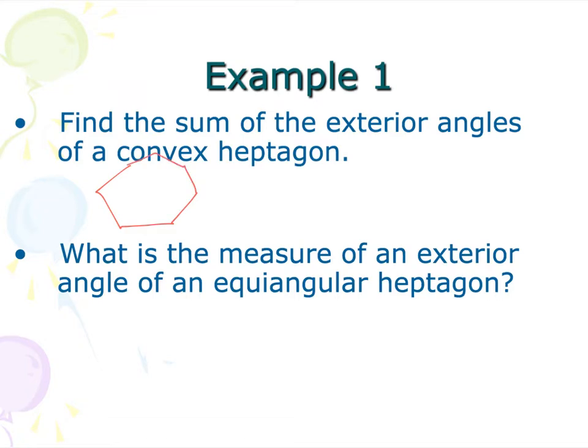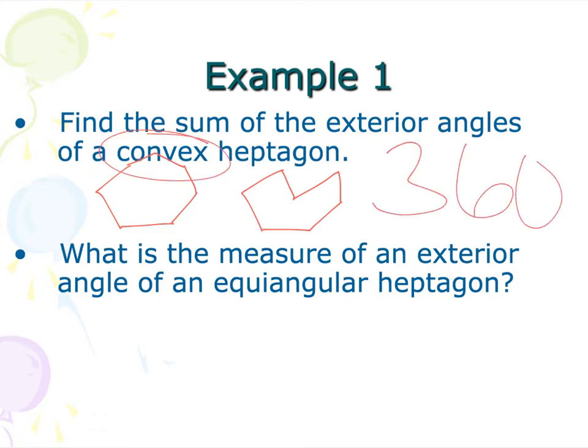That's convex. Concave is like it has been dented in. That's a concave. It looks like it fell on one of its vertices and then it got pushed in. We're mainly going to deal with convex. So what's the sum of those exterior angles? All of them will be 360.